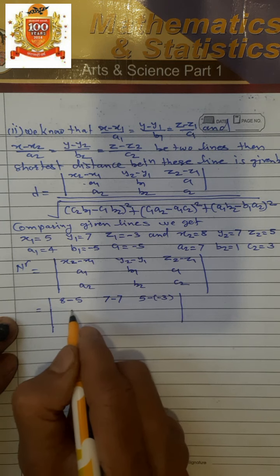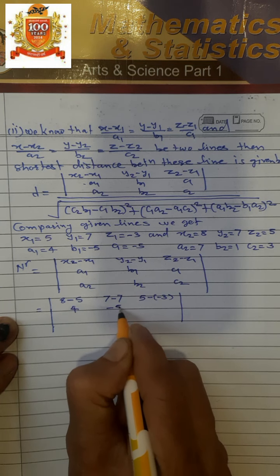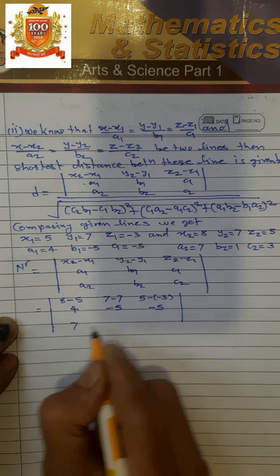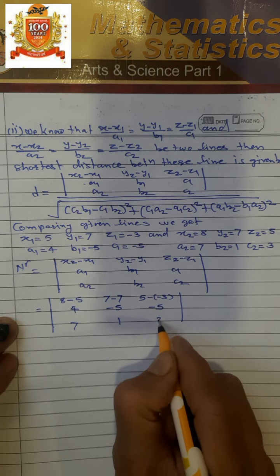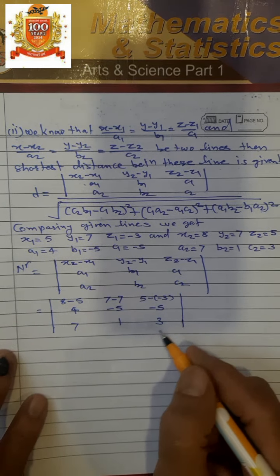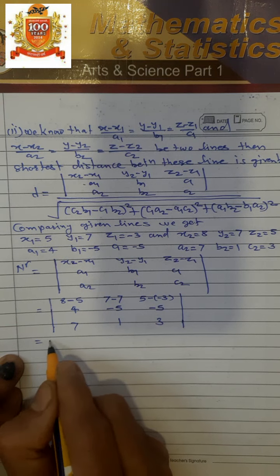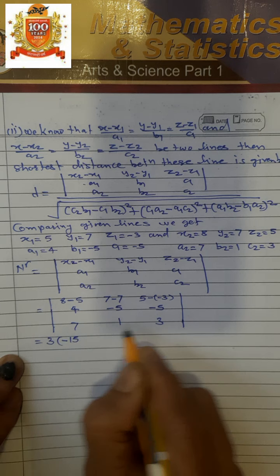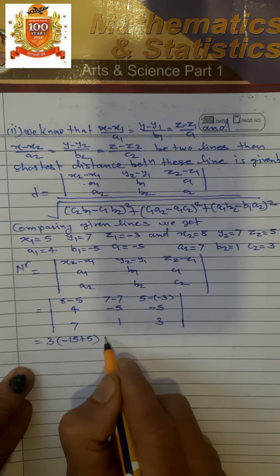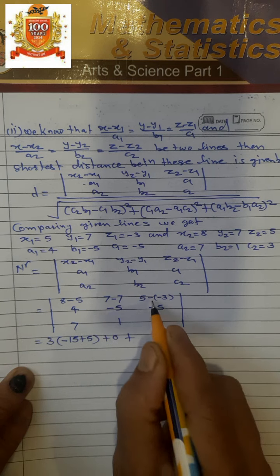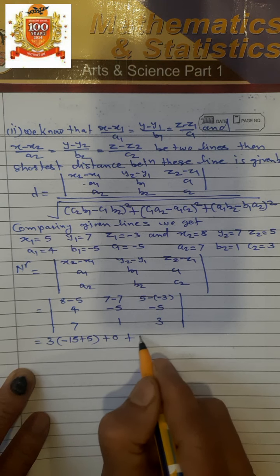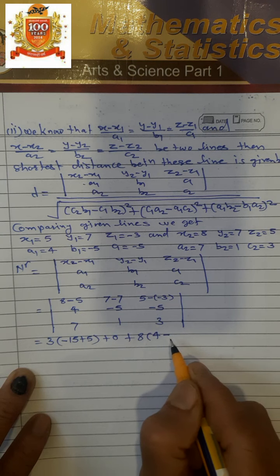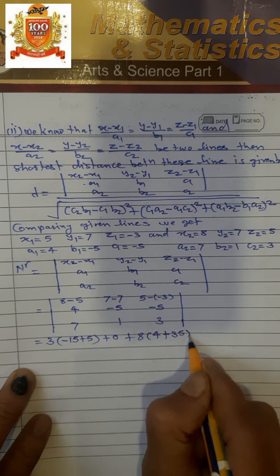Here values 4, minus 5, minus 5, and 7, 1, 3, which is equal to 3 into bracket minus 15 plus 5, plus 0, no need to write, plus 8 into bracket 4 plus 35. 7 5s are 35.